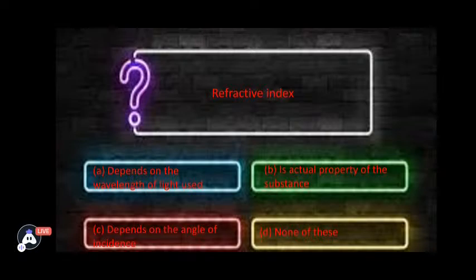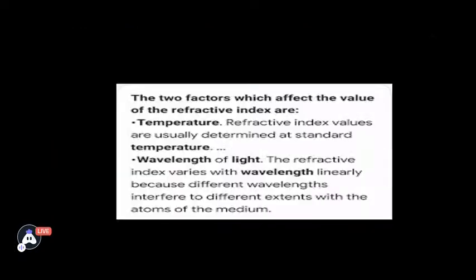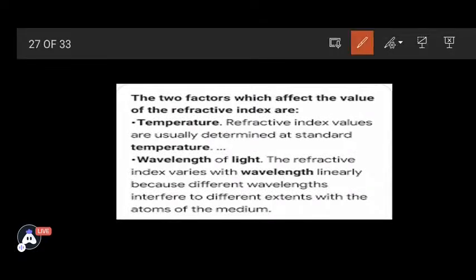See, refractive index depends upon certain situations. Basically, if you would like to understand, there are two basic factors on which refractive index depends, that is temperature and wavelength of light. Refractive index doesn't depend on the angle of incidence.